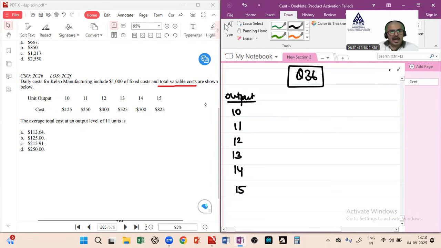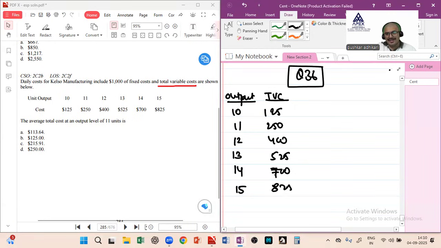I have gotten total variable cost as shown below. What do I have? I have total variable cost, which is 125, 250, 400, 525, 700, and 825. That's what I have over here.